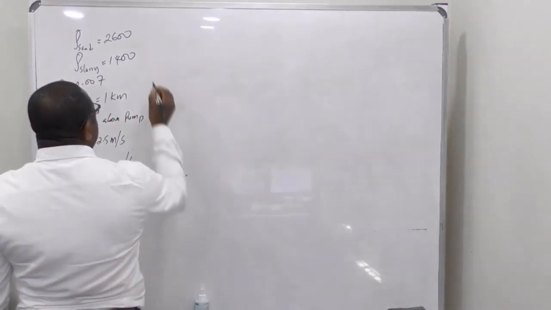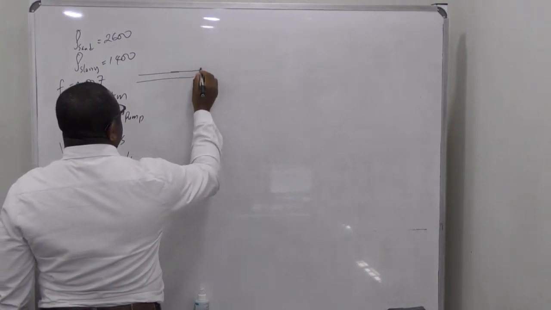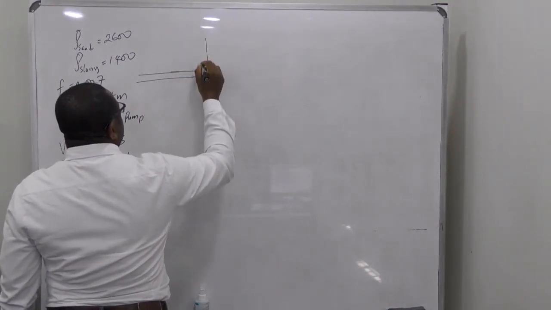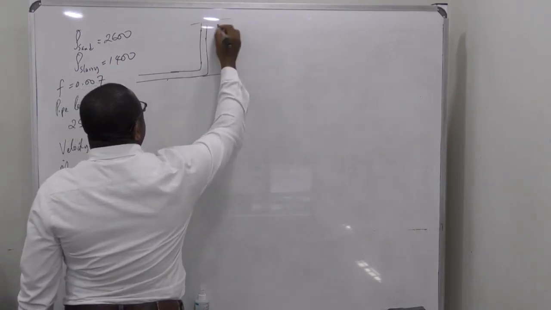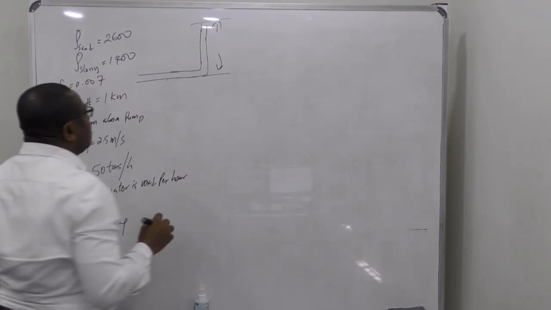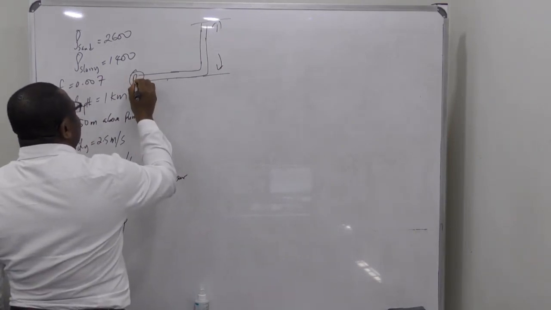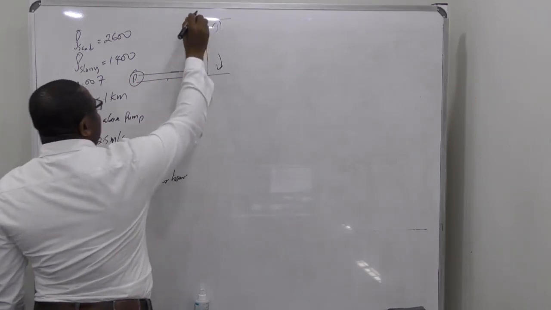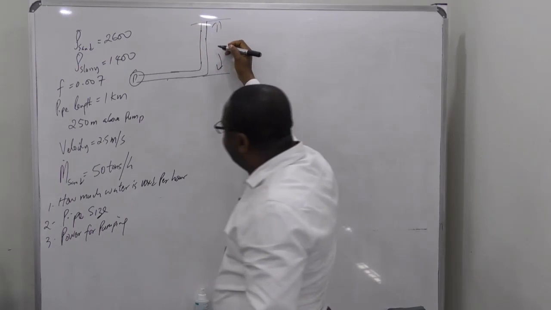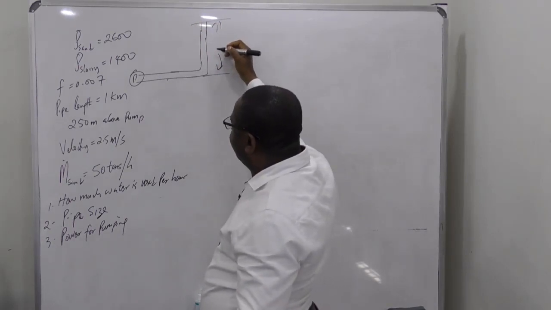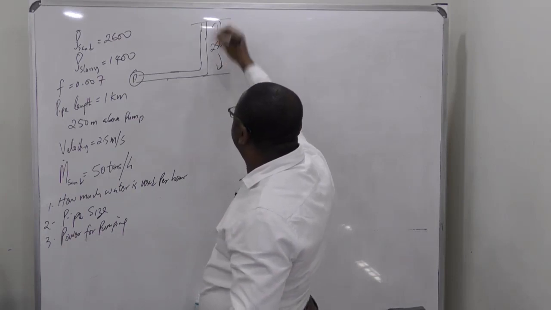It might be that the pipe is like that, and it's a static head, which is a head between that and that, right? And then you put your pump, you push water up to that. And that static head is 250 meters. That's the head.